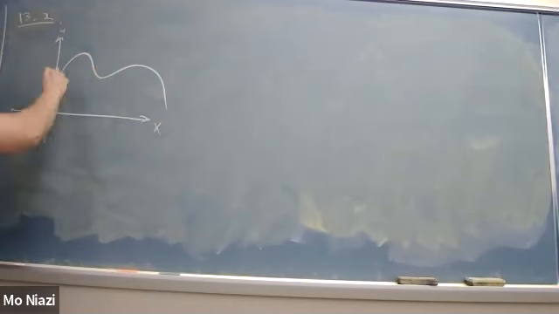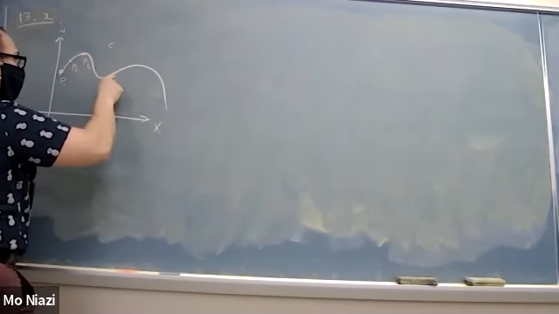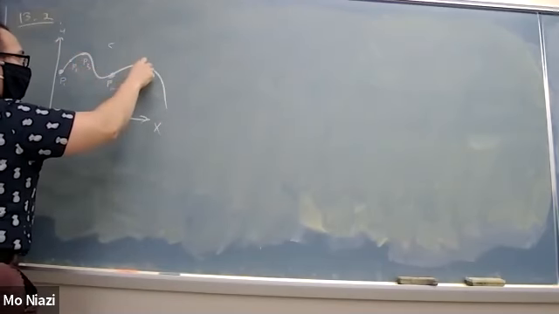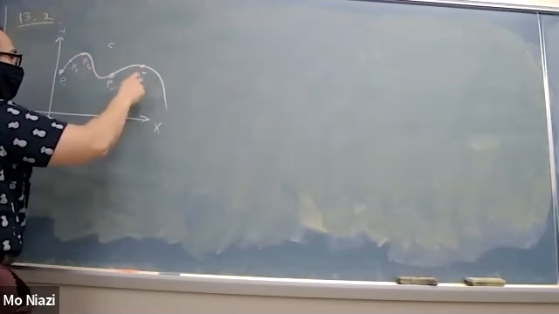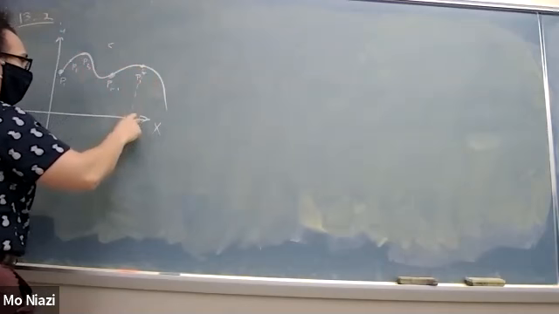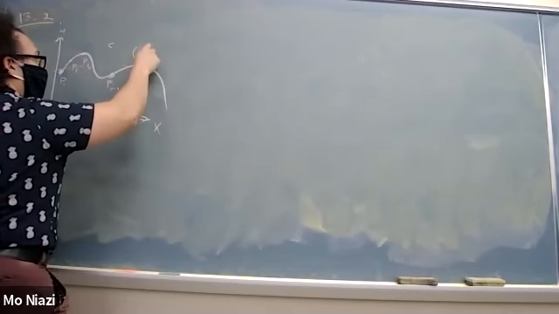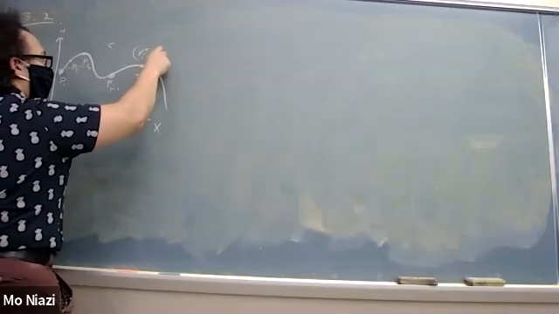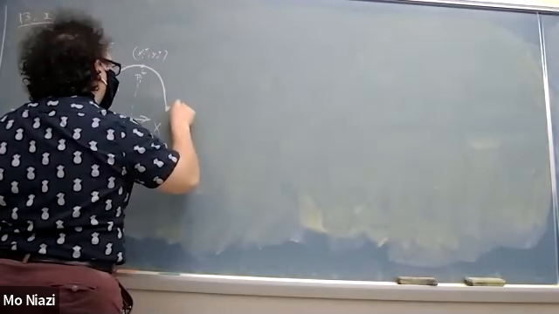We can partition this curve into points P1, P2, P3, all the way to some P_{i-1} to some P_i, where this is at some (x_i*, y_i*), all the way to some P_n.